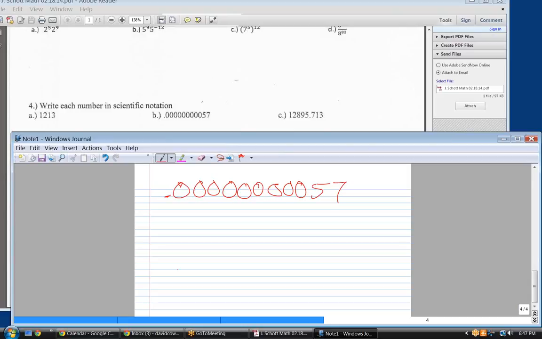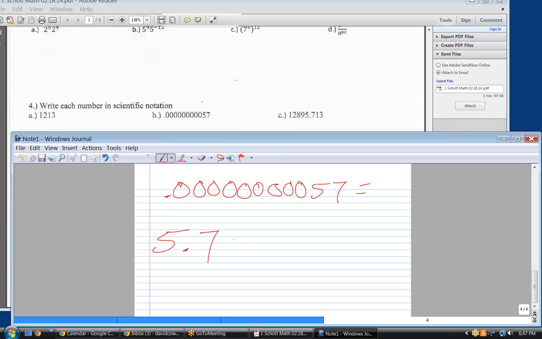So what's the first part of it? 0.0? No. In scientific notation, the first part of it always has to be a number between 1 and 10. So between the 5 and the 7? Yeah. So the first number is going to be 5.7 because that's between 1 and 10.